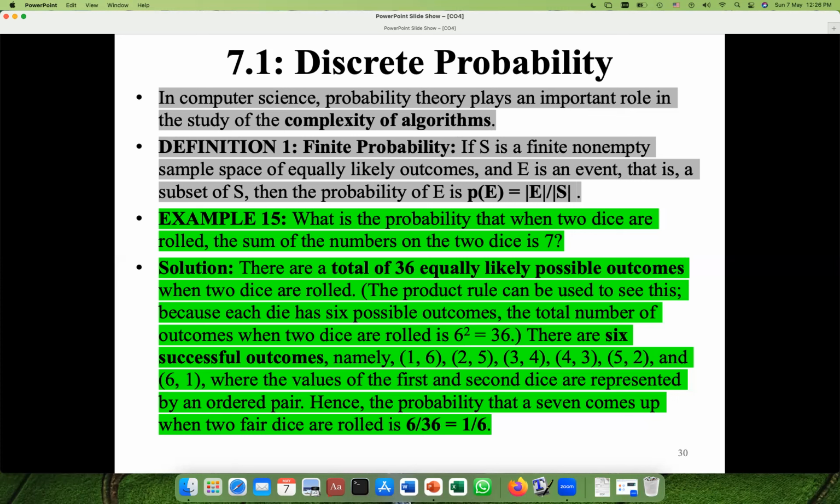Normally the probability theory in computer science, it is written here that we normally use this theory for calculating the complexity of algorithms. But this is one direction, as compared to this textbook.